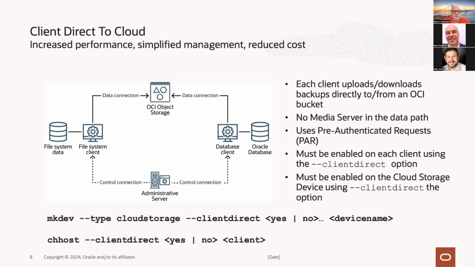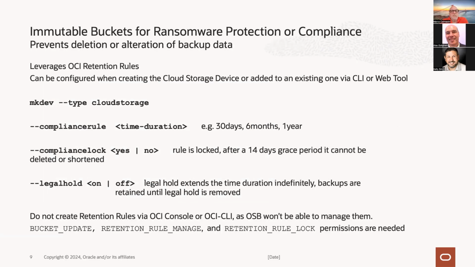At the same time, when you add or modify an existing client in your environment, you also have to add the --client direct yes option so that that client is configured to access the storage device directly without going through a media server. It's just two configuration steps to take, and that can be implemented even on existing environments once you upgrade to 19.1.